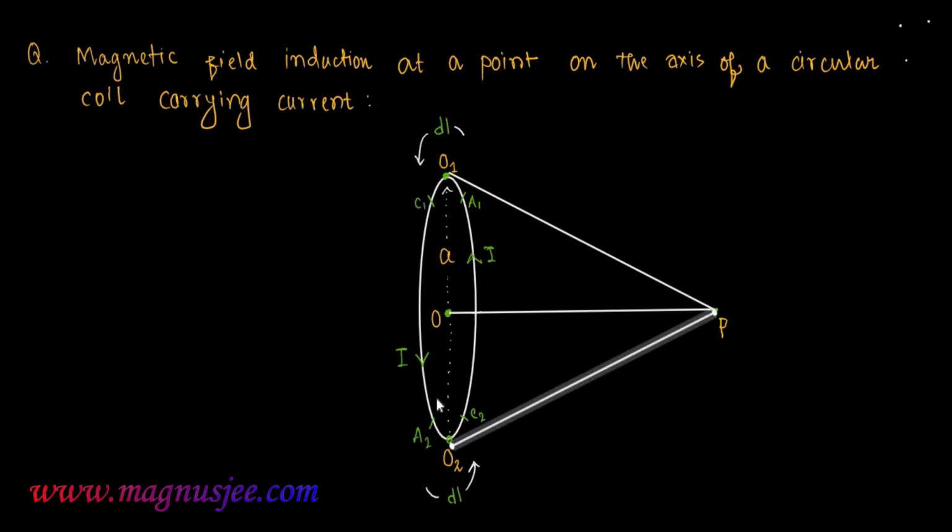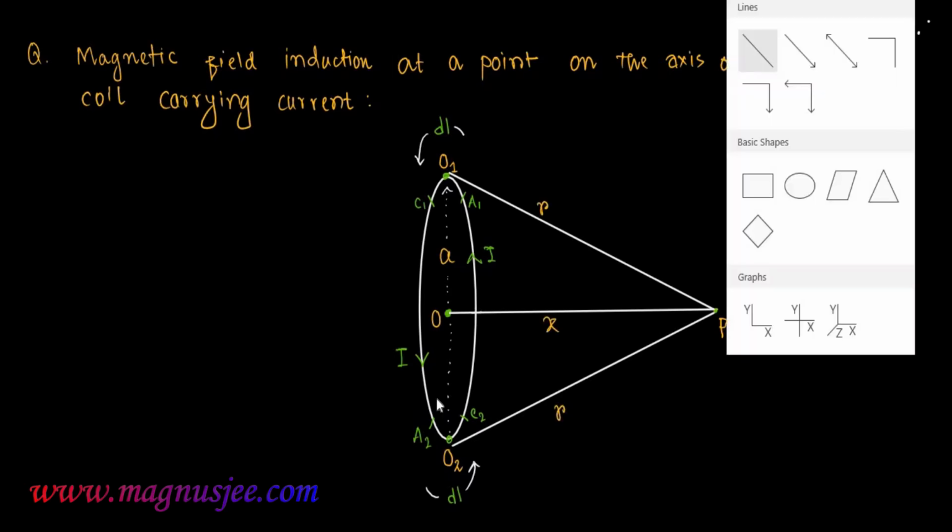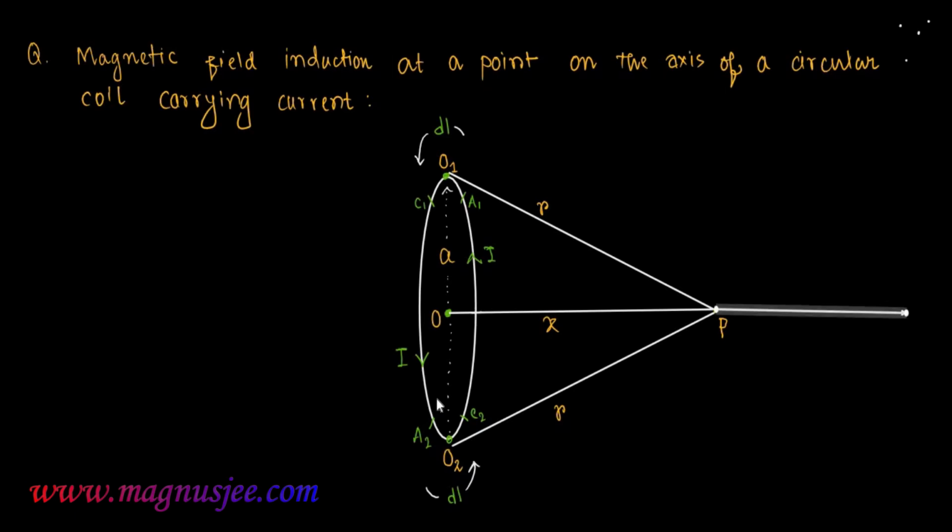We can connect the two points O2 and P. O2P is the oblique distance of the point P, and here x is the distance of the point P from the center O. r is the oblique distance of the point P. We can extend the axis OP up to x, and also we can draw the y-axis.